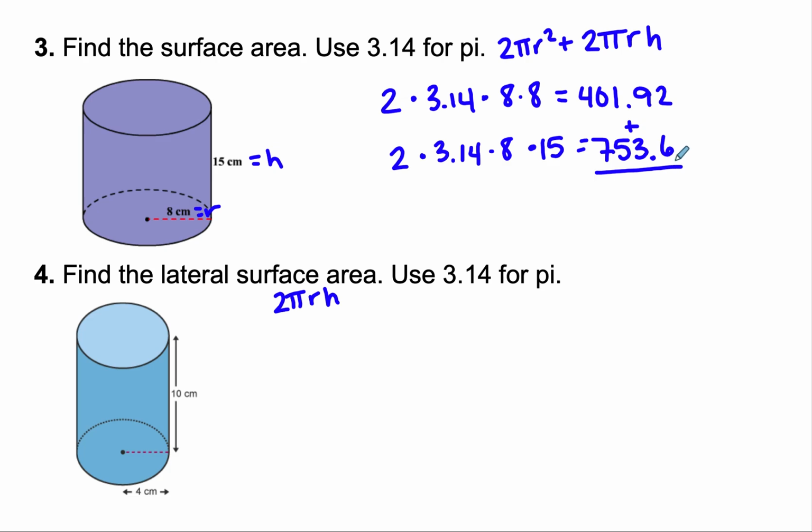Then I'm going to add those two values together. And I get 1,155 and 52/100 centimeters squared. They did not say to round, so I'm not going to round.